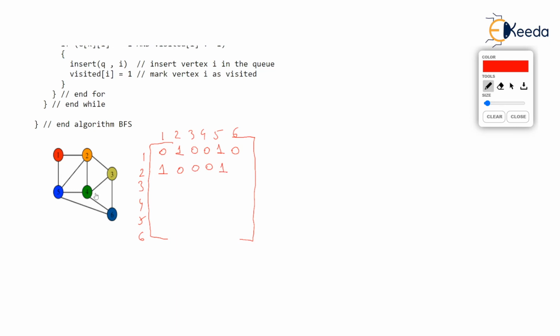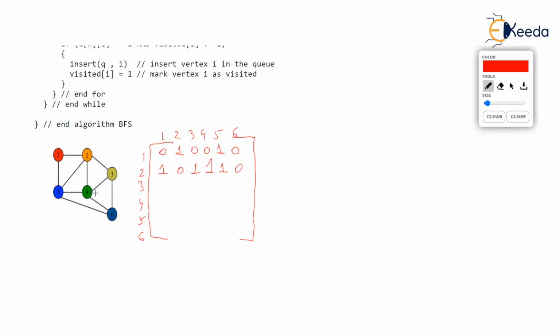This second row will be: 2 to 1 is 1, 2 to 2 is 0, 2 to 3 is 1, because 2 is adjacent. 2 to 4 is also 1, as you see, there is an edge from 2 to 4. 2 to 5 is also 1, but 2 to 6 is 0.